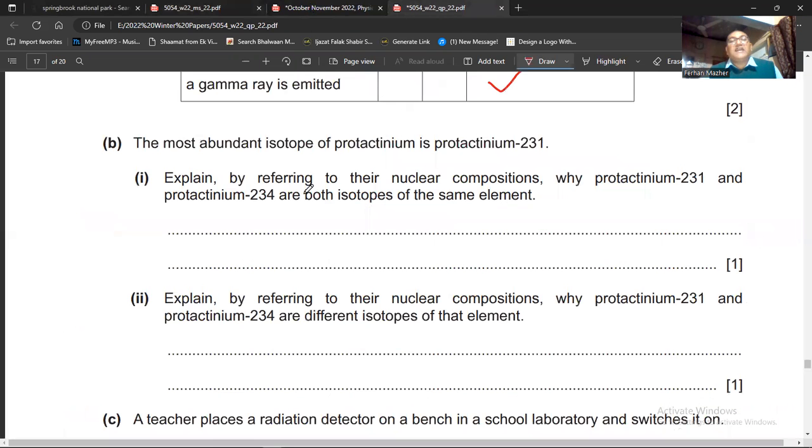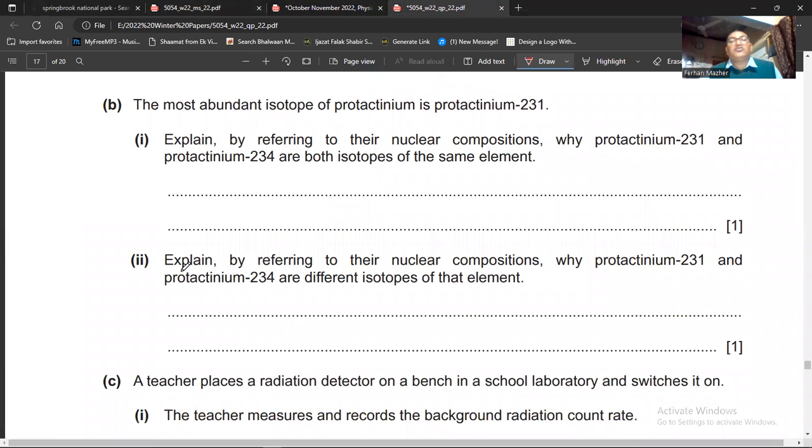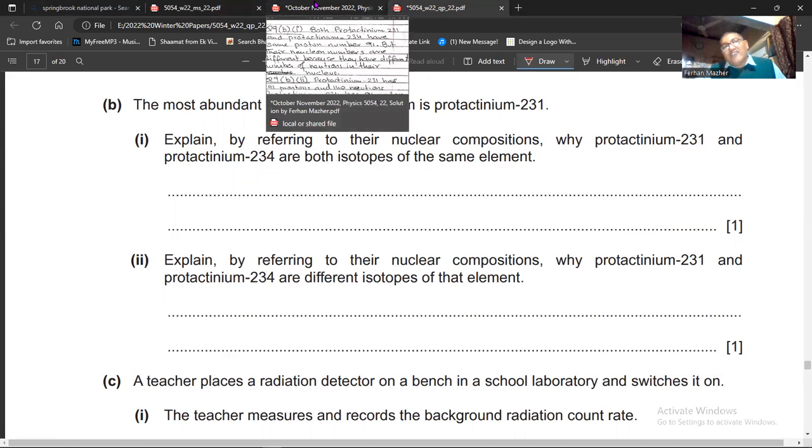Then the question is, explain by referring to their nuclear composition why these are different isotopes of that element. Because they have the same proton number and different nucleon numbers, we can call them isotopes.